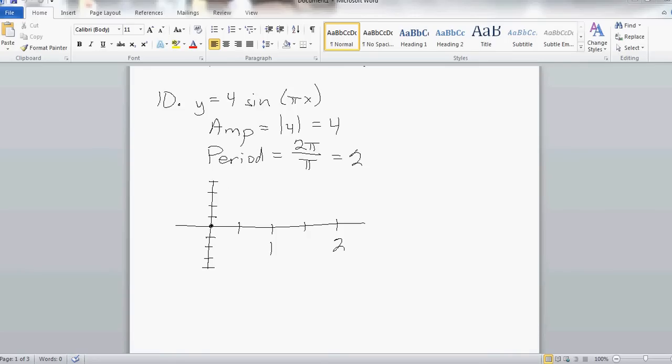So what we have is 0, upper extreme, 0, lower extreme, 0. And just continuing it on just a little bit further in both directions, we get this nice sinusoidal curve that looks like that.